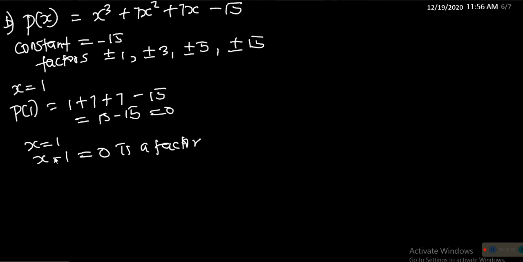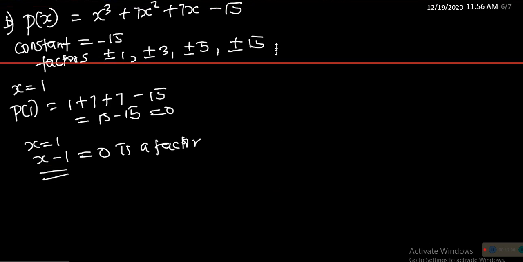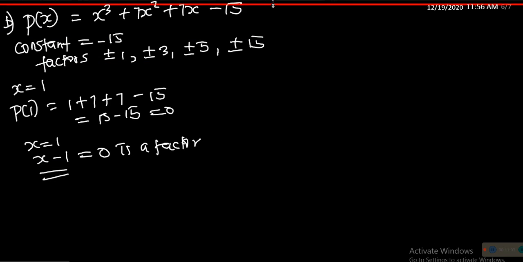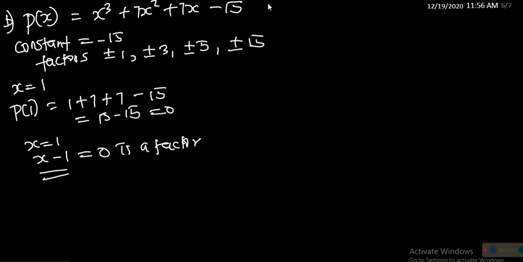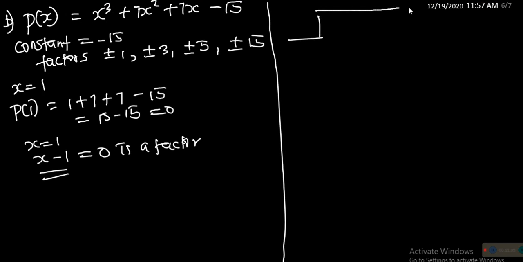So we can now use long division to find other factors. So using long division, we can find all the other factors, guys. So for the other factors through long division, we have x cubed plus 7x squared plus 7x minus 15, and the factor we have is x minus 1.